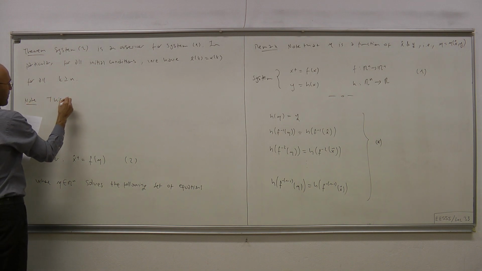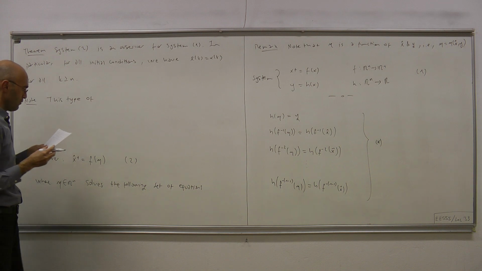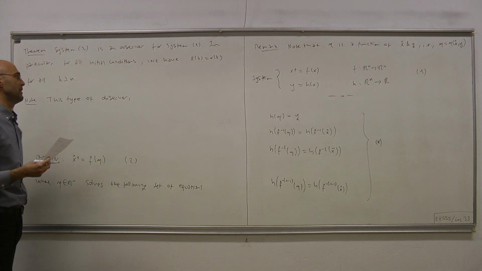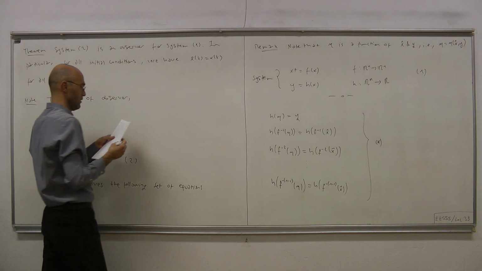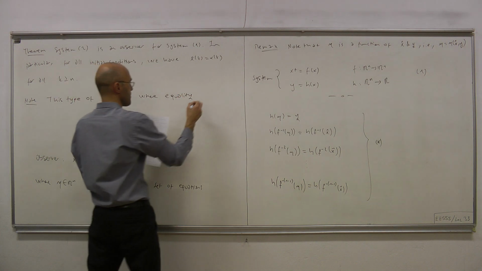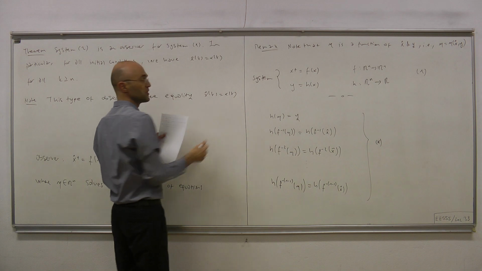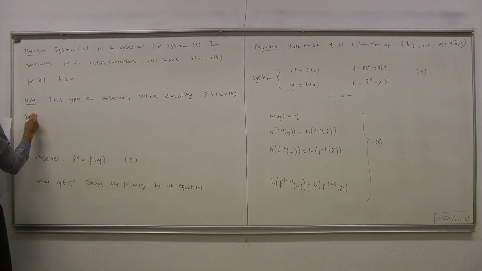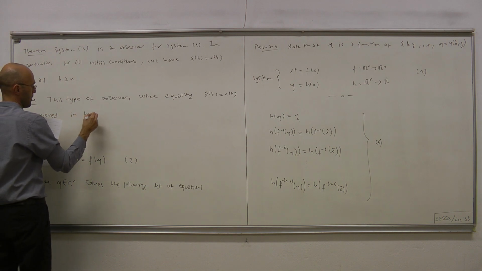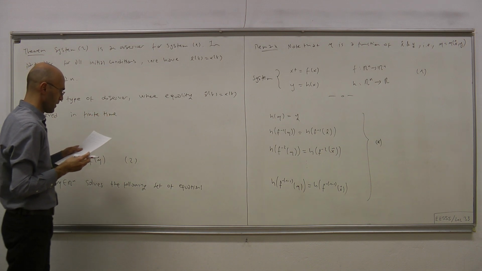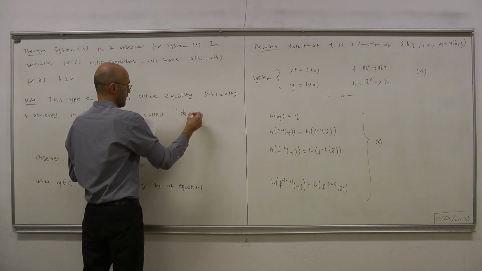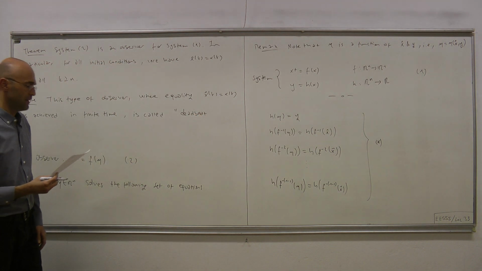This type of observer, where the convergence is exact and occurs in finite time, where equality x hat k equals x k is achieved in finite time, is called, maybe you heard, a deadbeat observer.